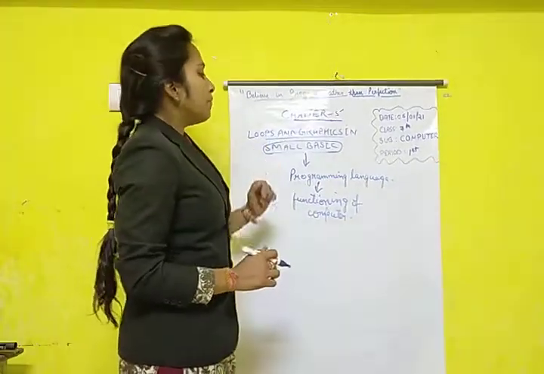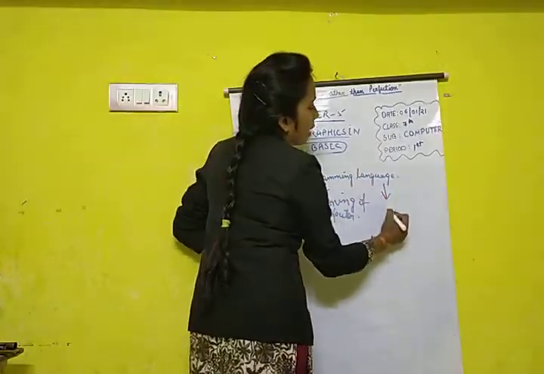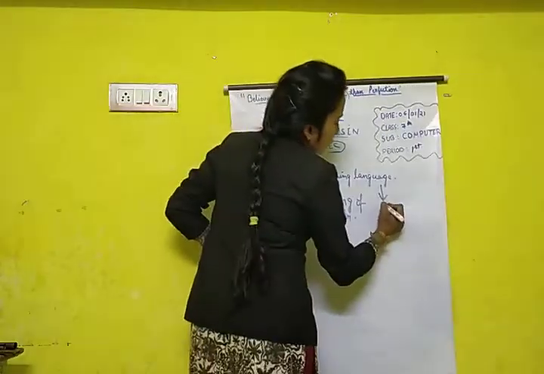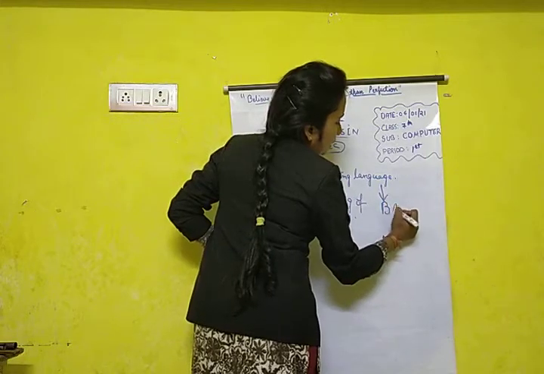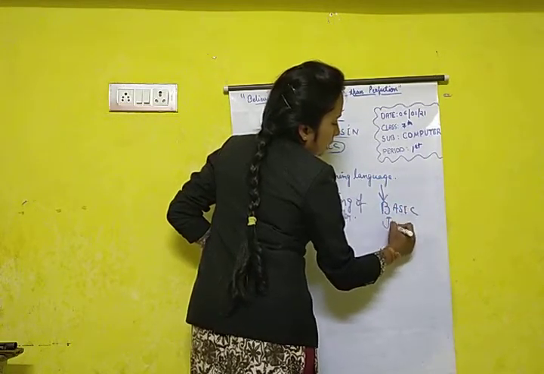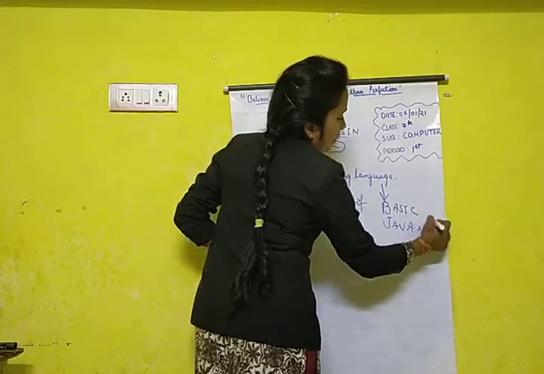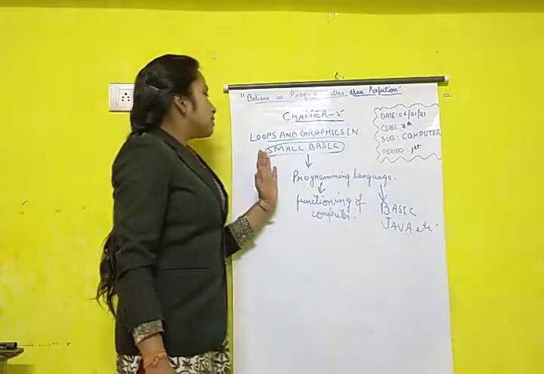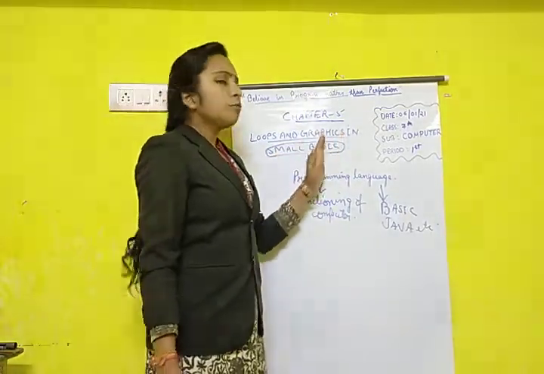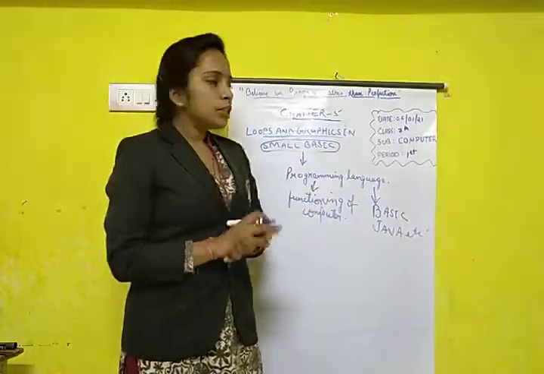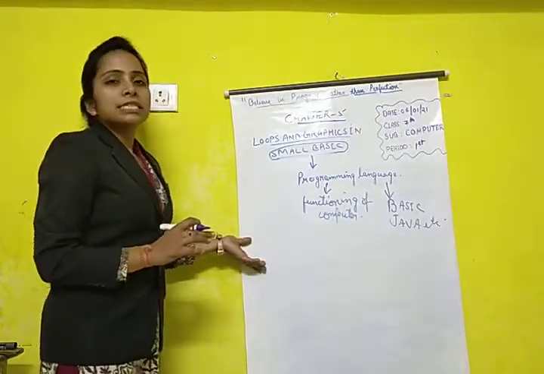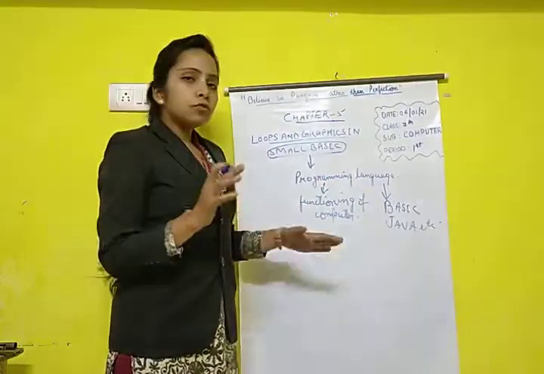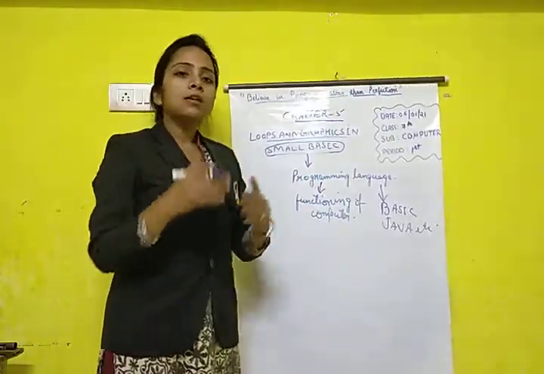We are having many programming languages. You may have heard, you may not, or you may have just heard about programming languages like Basic, then Java, etc. These are some other programming languages, and this Small Basic is also a kind of programming language in which we study about different statements, different kinds of loops, how to go through the statements, how to make the program.